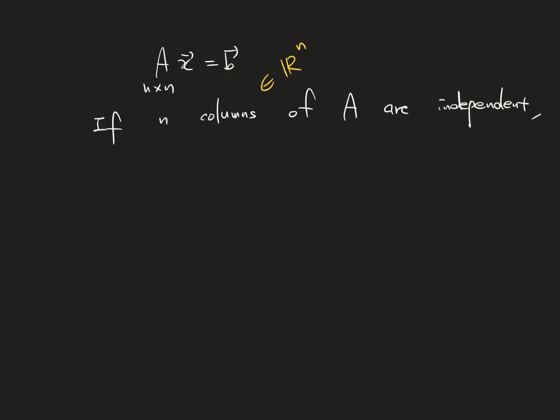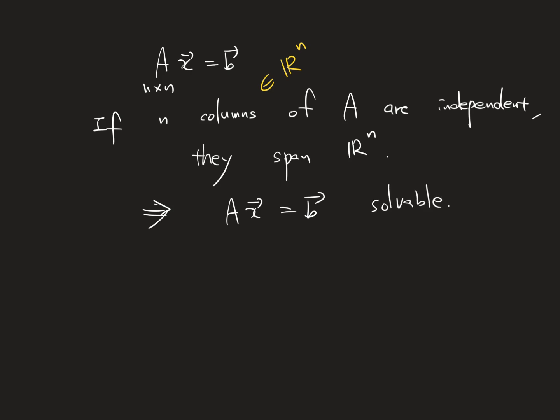So we know that they span Rn for sure, because they could be a basis, because we know the dimension, and we have n independent vectors, and obviously they're going to span the whole space. So the n columns will span Rn. So obviously in that case, Ax equal to b is solvable, because we can put any vector in the b position.